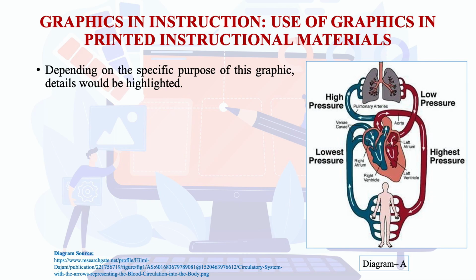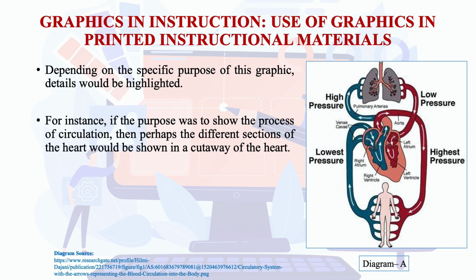Depending on the specific purpose of these graphics, details would be highlighted. For instance, if the purpose was to show the process of circulation, then perhaps a different section of the heart would be shown in a cutaway of the heart. The graphic would be labeled. That diagram A highlights high pressure and low pressure.